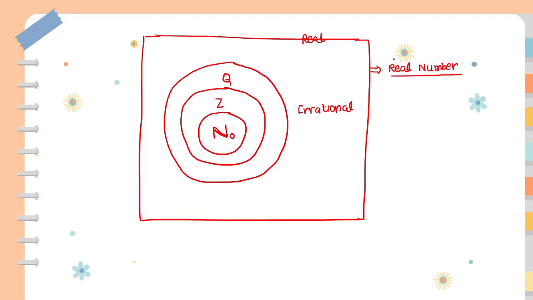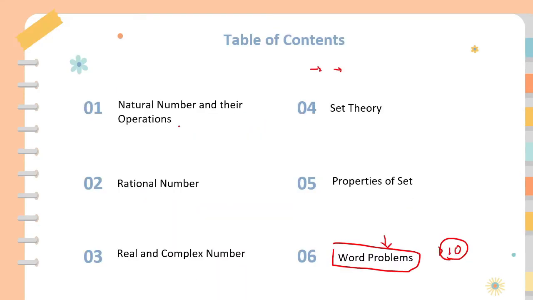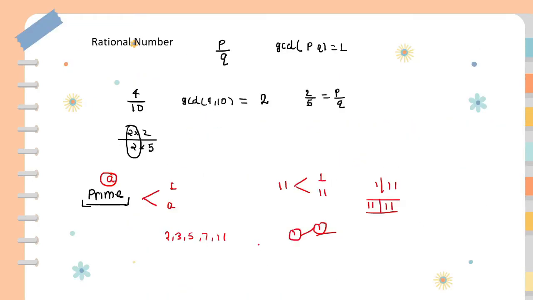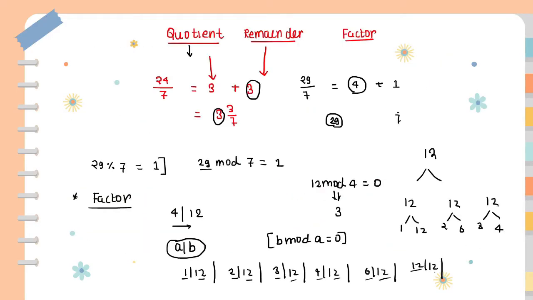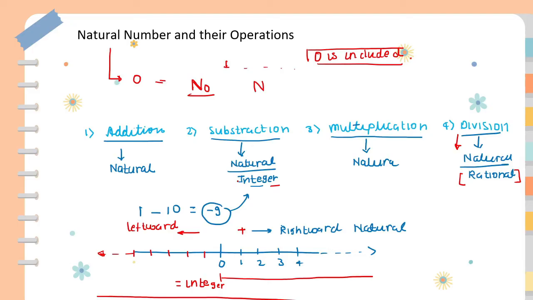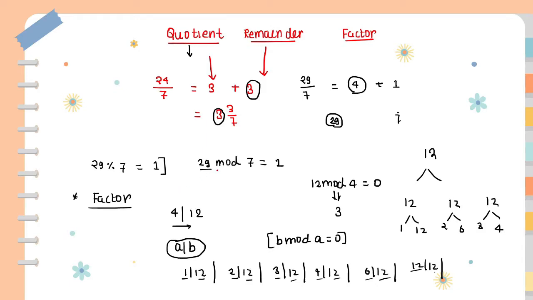So basically the conclusion for all these topics, natural numbers and their operations, rational numbers, real and complex numbers, ends here. The extension of natural numbers is integers, then rational plus irrational will give real numbers. So you have to remember these points. Here you don't have to remember anything else, just remember that 0 is included in natural numbers, quotient, remainder, factor, the remainder is represented by modulo, and what is meant by factor.